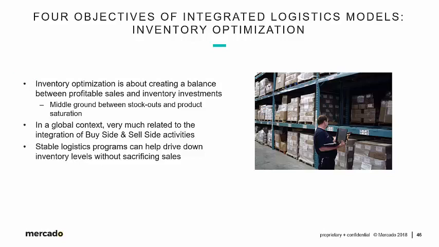Globally, this is very much related to the integration of buy-side and sell-side activities. We've already said a bunch of times, supply chain is about balancing supply with demand. Stable logistics programs can help drive down inventory levels without sacrificing sales, because stable logistics programs focus on things like reducing variation in lead times, like coordinating with vendors so they do have their documentation on time, like making sure customs entries are done 5 days out of port for an ocean shipment.